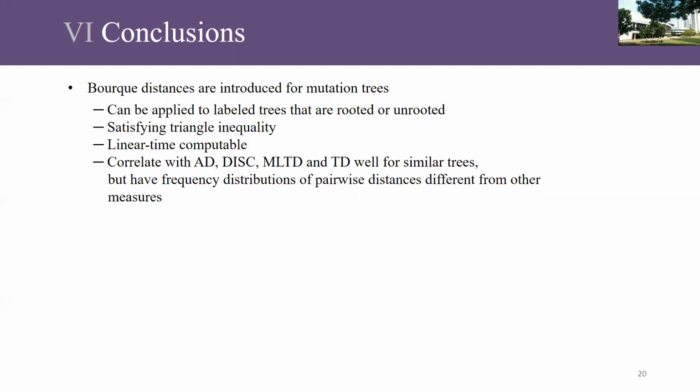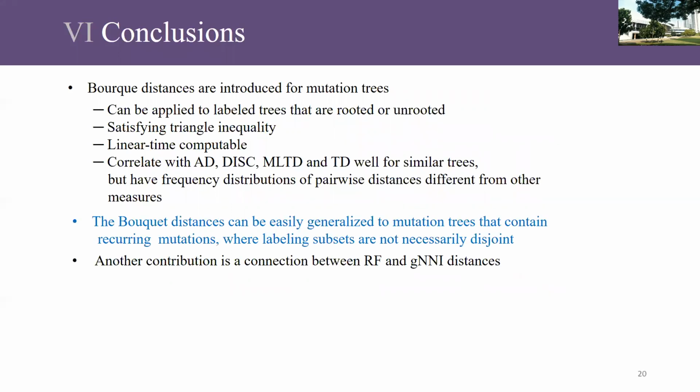The bulk distance correlated well with AD, DISC, MLTD, and TD for similar trees, but has a different frequency distribution from the other measures. The bulk distance can be easily generalized to mutation trees that contain recurrent mutations, where labeling subsets are not necessarily destroyed.